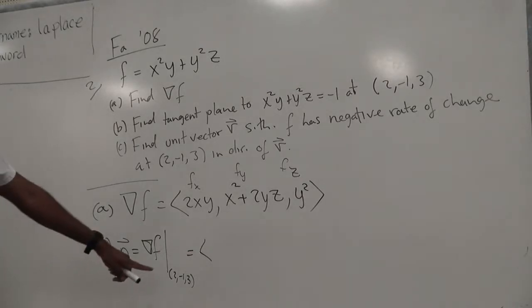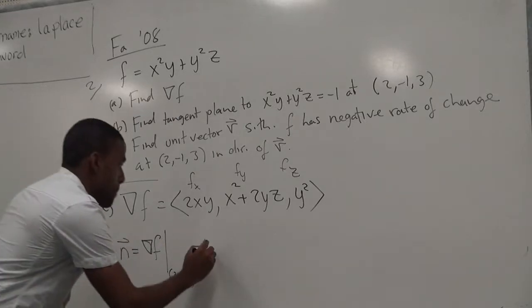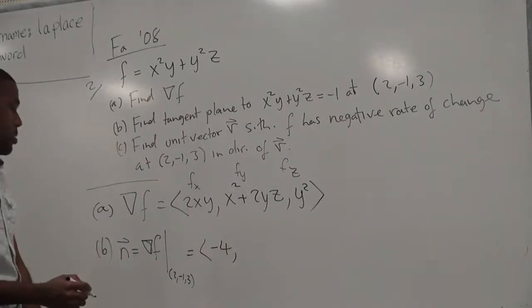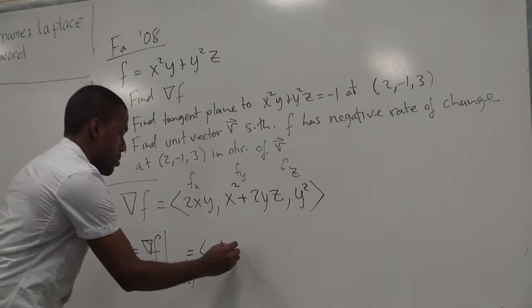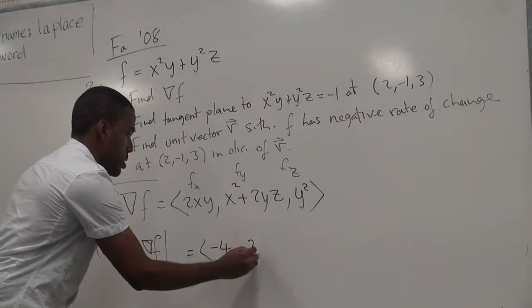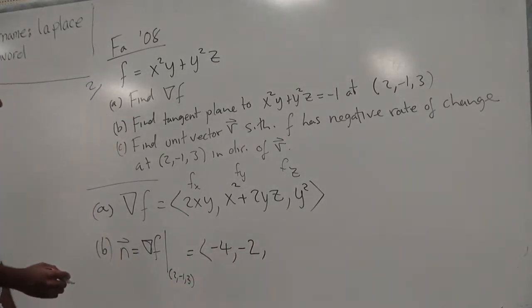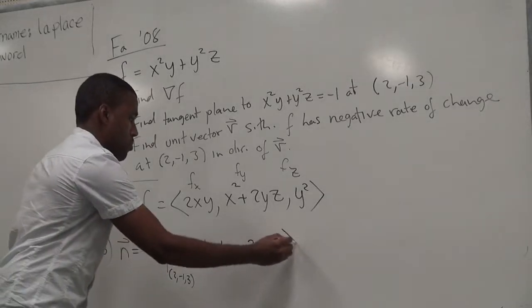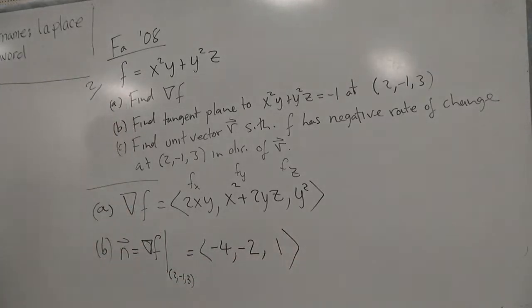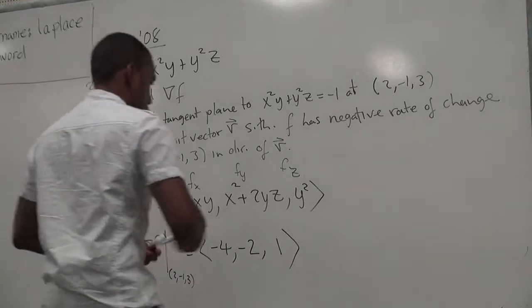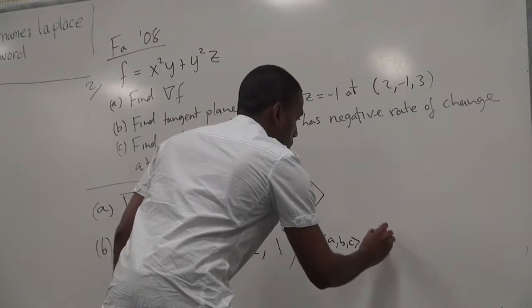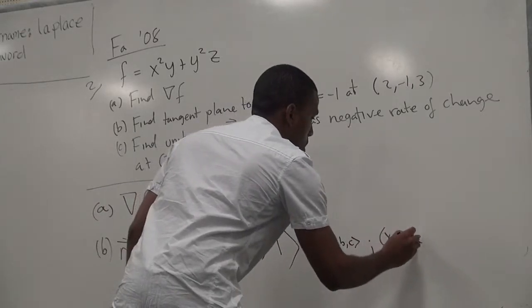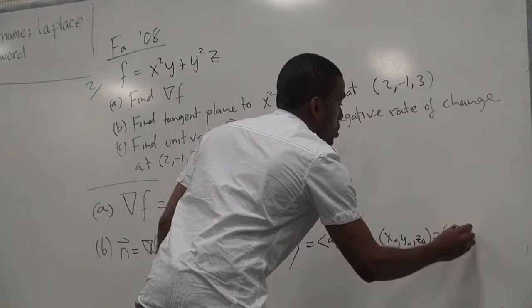You plug in x equals 2, y equals -1. That gives 4, then 4 minus 6, or minus 2, and then 1. So that'll be your normal, your ABC, where your x naught, y naught, z naught is equal to (2, -1, 3).